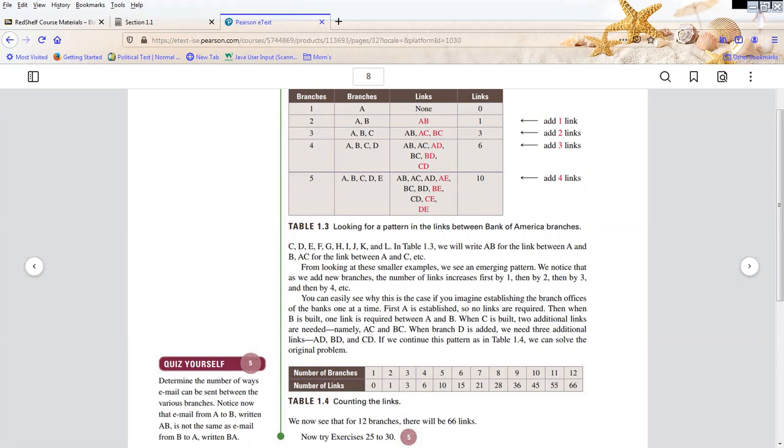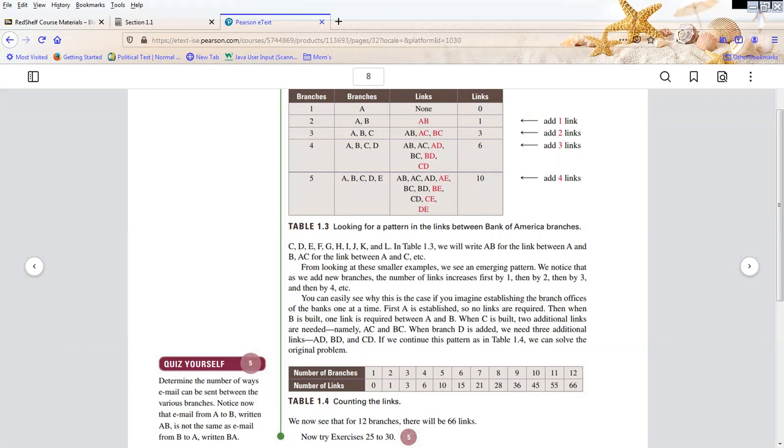And if we look at the chart and the table, we can see that they've already worked out for us that, just considering the AB itself and not the direction BA, then you can see in table 1.4 that when we get up to 12 branches, there'll be 66 different links.